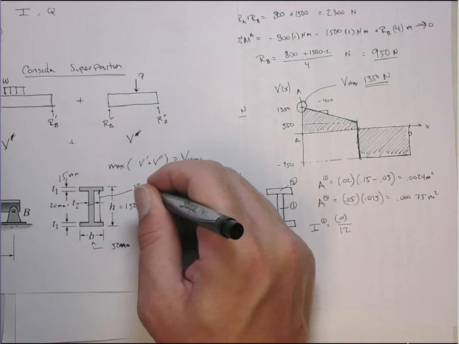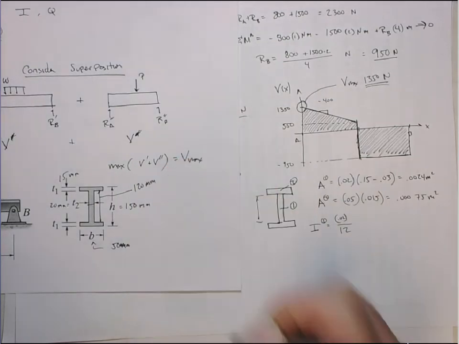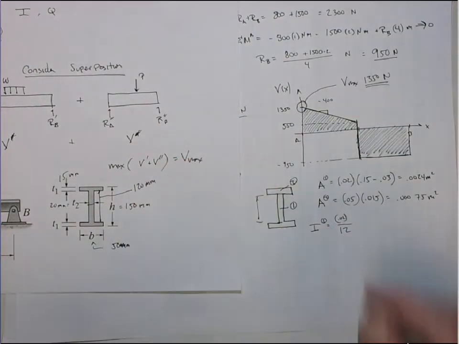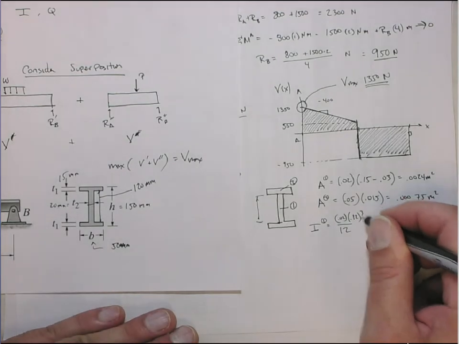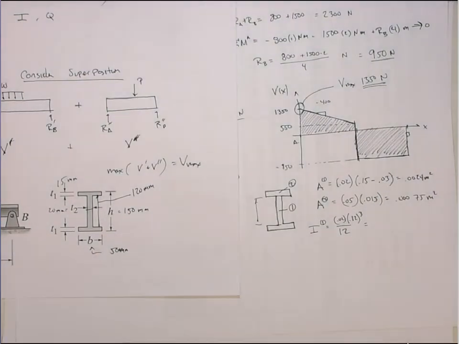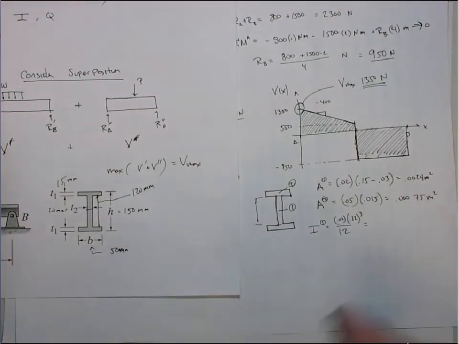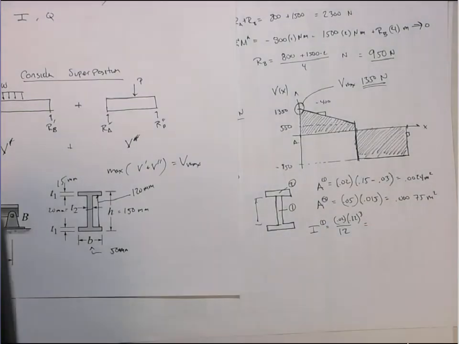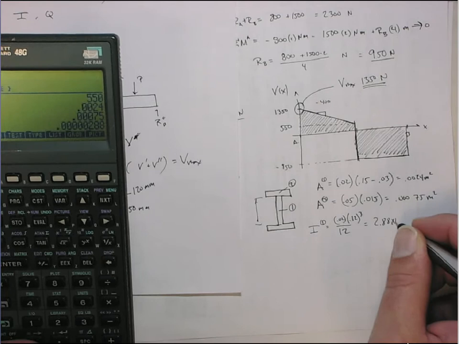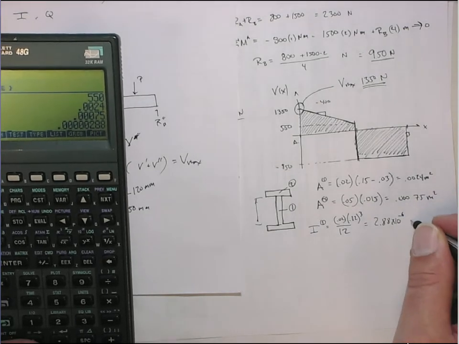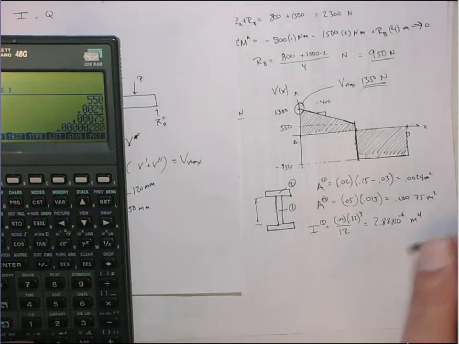This is 120 millimeters, right? That's the height of the web, 0.12 cubed. So that gives me 2.88 times 10 to the minus 6 meters to the 4th.